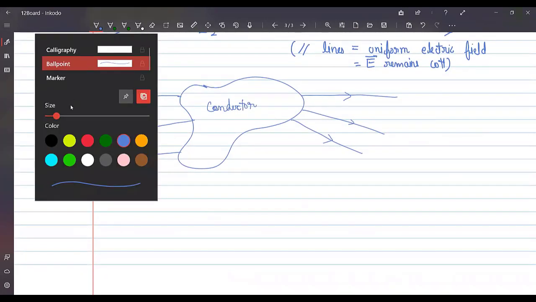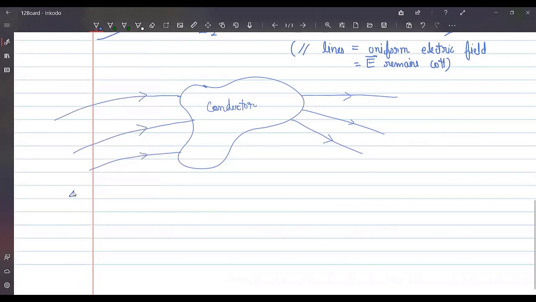I'll write my fourth point: electric lines of force do not pass through a conductor. Electric field lines do not pass through a conductor.